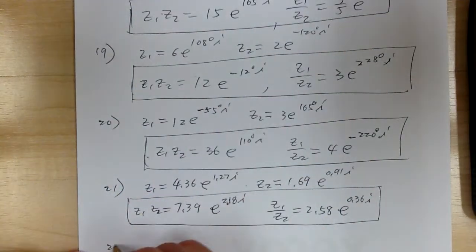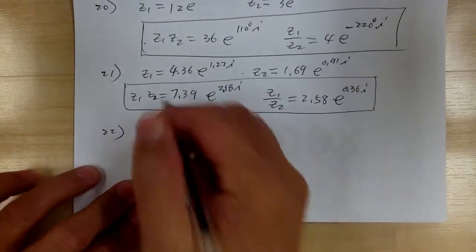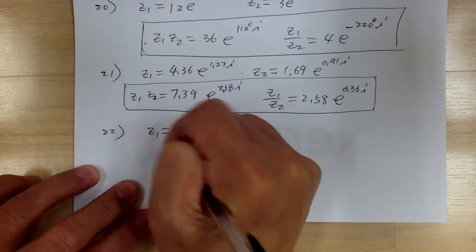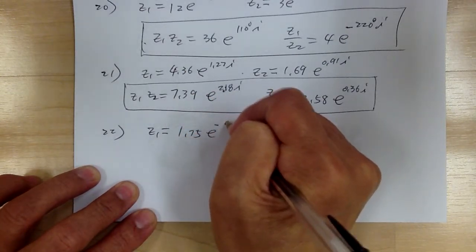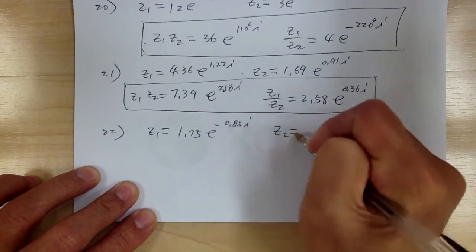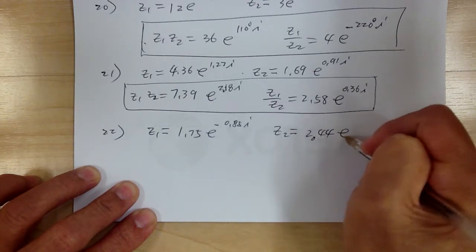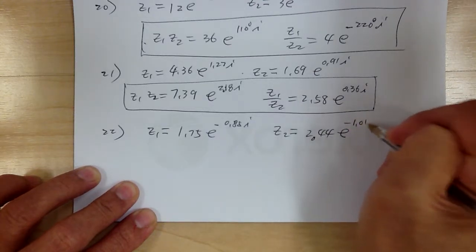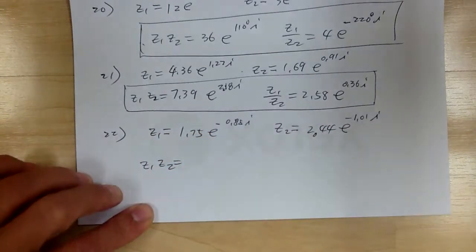Okay, let's go to 22. z1 equal to 1.75e to the negative 0.88i. z2 equal to 2.44e to the negative 1.01i. So z1 z2, you have to multiply.